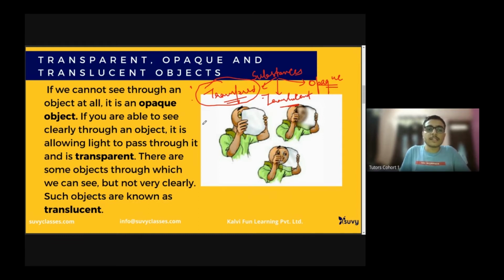Yes, very good, Aditya. You said it rightly. What are transparent objects? Like you said, through which we can see without any effort. Very good. You used a very good term, without any effort. And you said that light can easily pass through it.